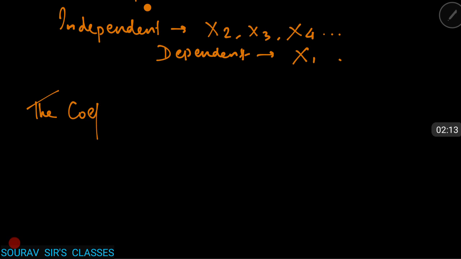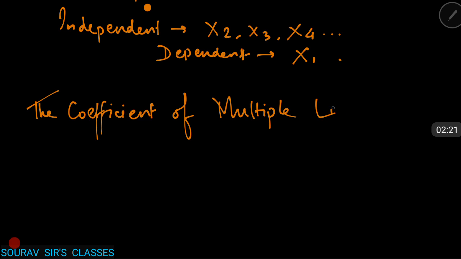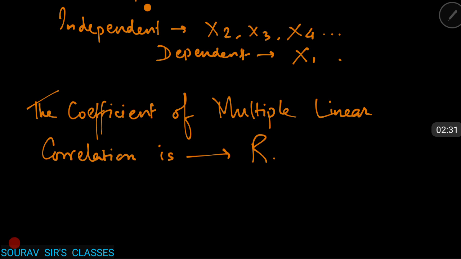The coefficient of multiple linear correlation is represented by R, and the necessary subscripts are added to it.